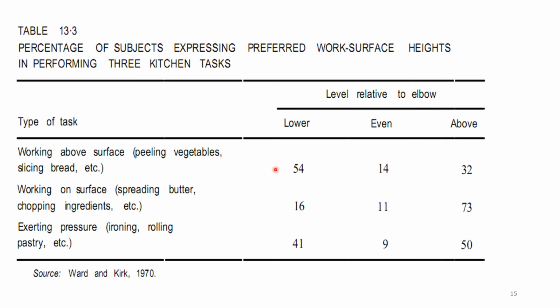In the table, you have the percentage of the workers who are expressing their preference for keeping it at different levels. For example, for working on a surface, peeling vegetables, slicing bread, etc., lower than the elbow, 54 percent say it is okay. Same level as the elbow is 14% and above is 32%. So these are all statistical data based on different experiments.